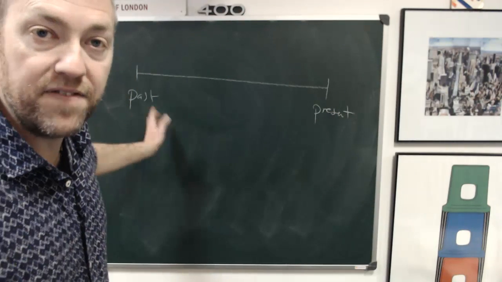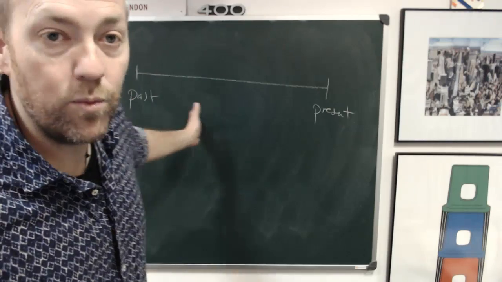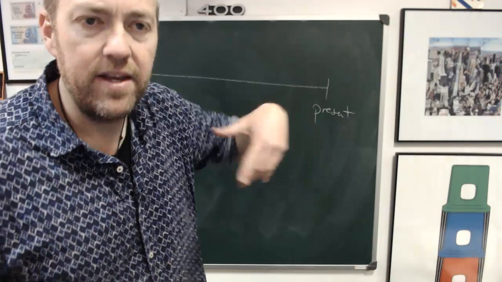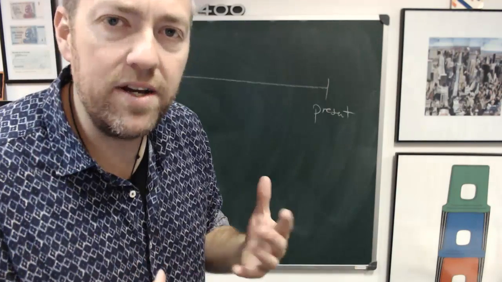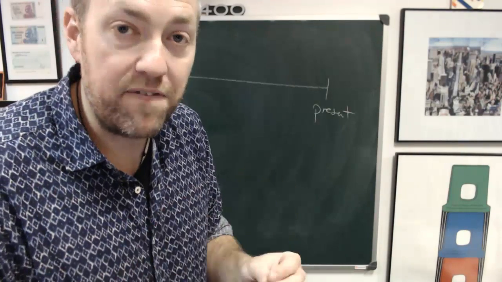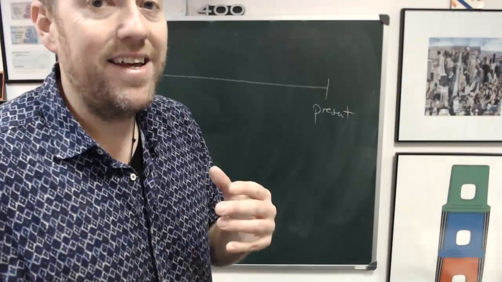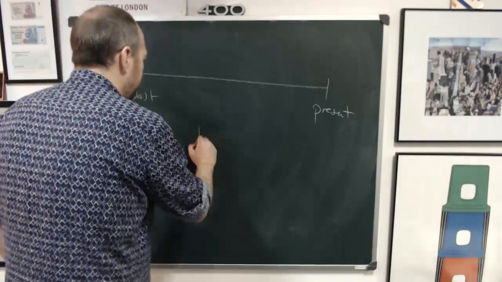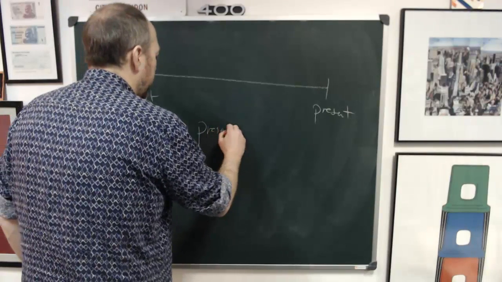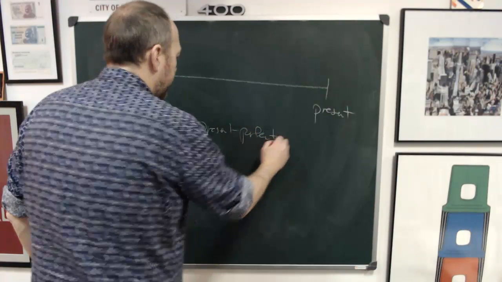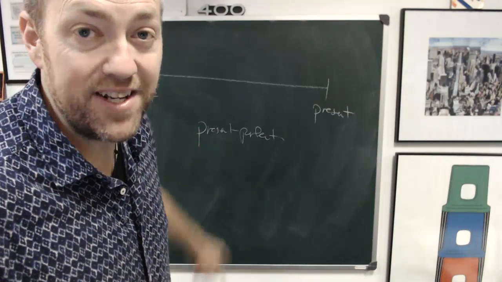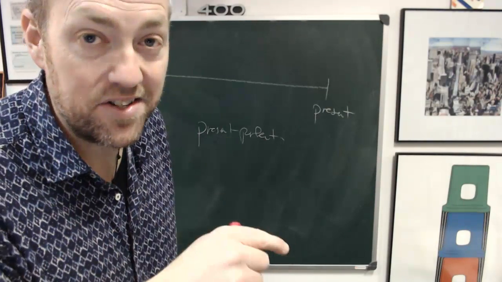Here we have the past, and we continue to the present, to now. The present perfect has a bad name, because really, the present perfect is not a present tense.